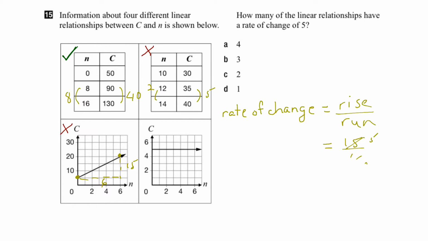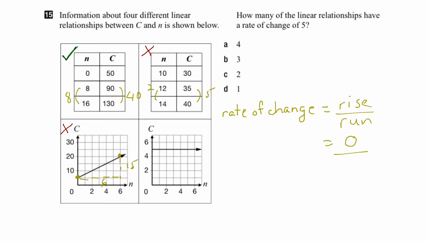Alright, so let's look at our last option here. Put back the run there. So if we look at the rise here, we can see that this is a horizontal line, so there is no up or down, so therefore the rise is 0. Here we go, rise of 0. And then of course it doesn't matter what the run is here.